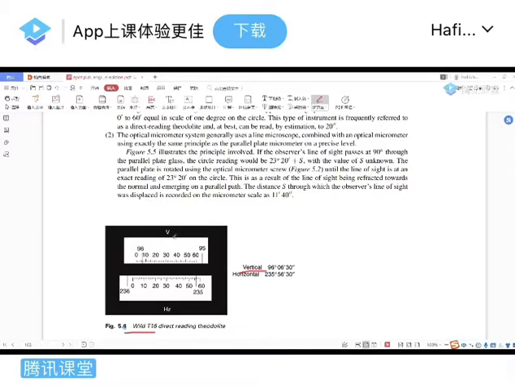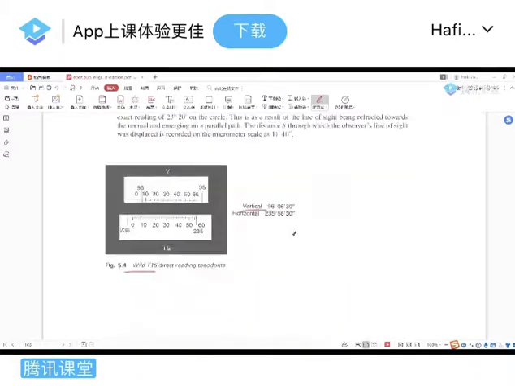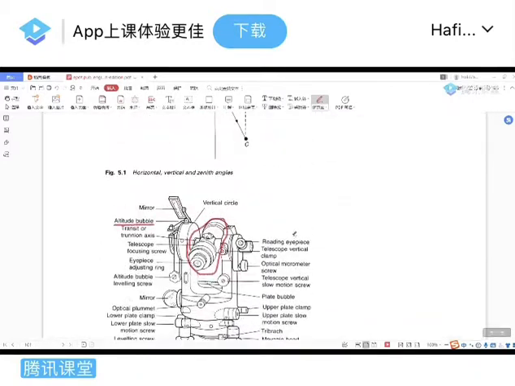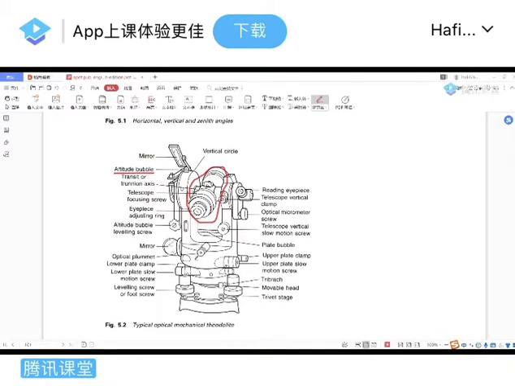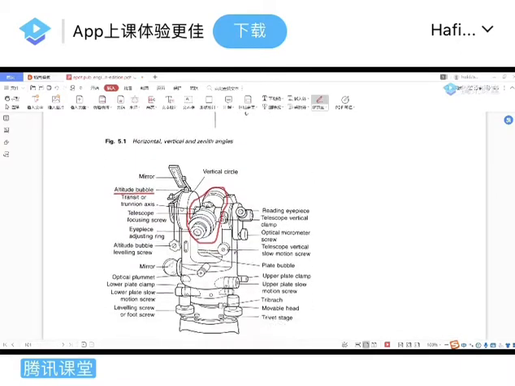The vertical one is turning this one around, so it'd be like a total station. You turn this around. And then for the horizontal one, you turn this one around. So basically, they already have an angle to measure the angle as well.